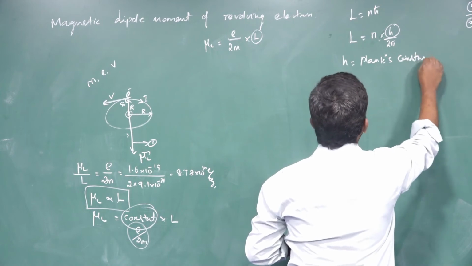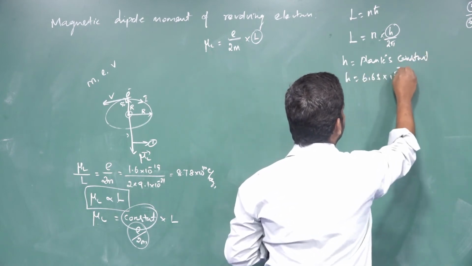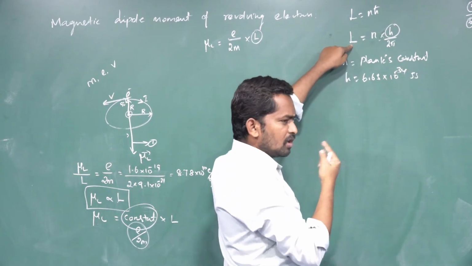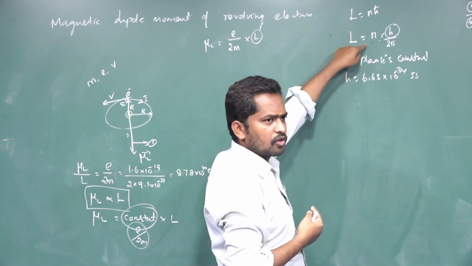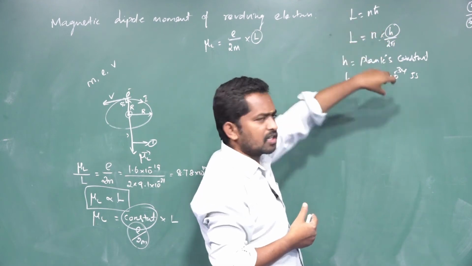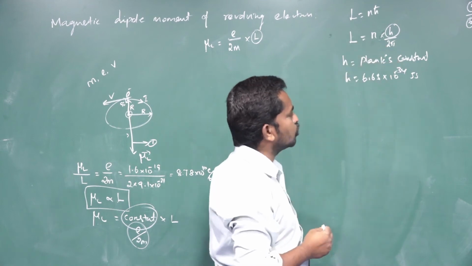The value of Planck's constant is h equal to 6.63 into 10 power minus 34 joule second. The angular momentum of the revolving electron is n times h divided by 2 pi. This is the Bohr quantization theory. So L is equal to n h divided by 2 pi.